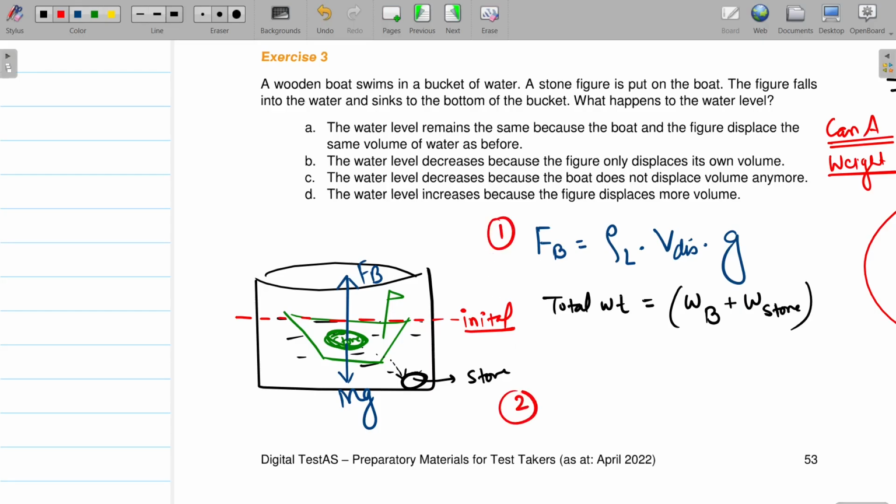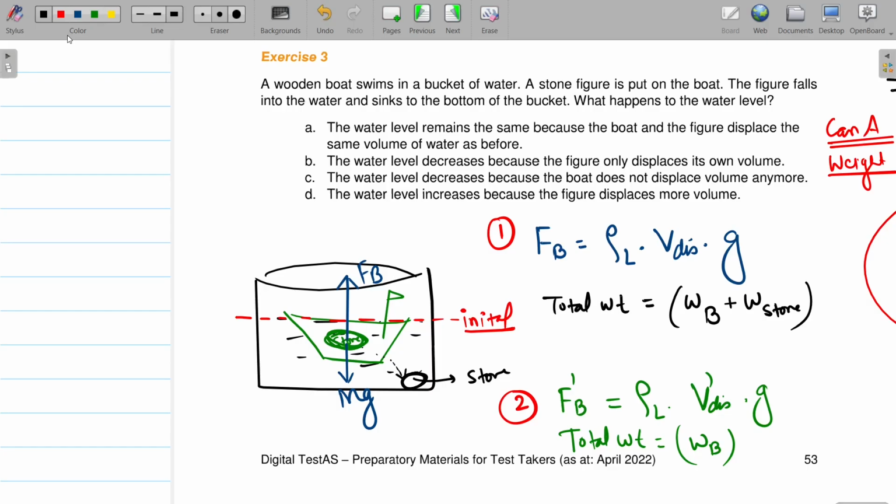In the second case, when you throw the stone inside the water and only the boat is floating, your FB dash should be equal to density of the liquid, volume of displaced liquid, which we can represent by V dash, times acceleration due to gravity. This will counterbalance the weight of the boat only, not the stone, because the stone is not inside the boat.